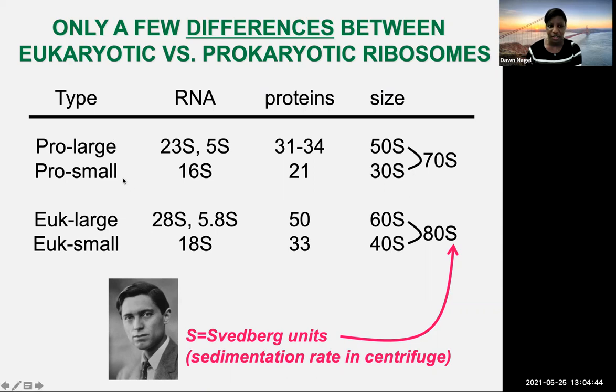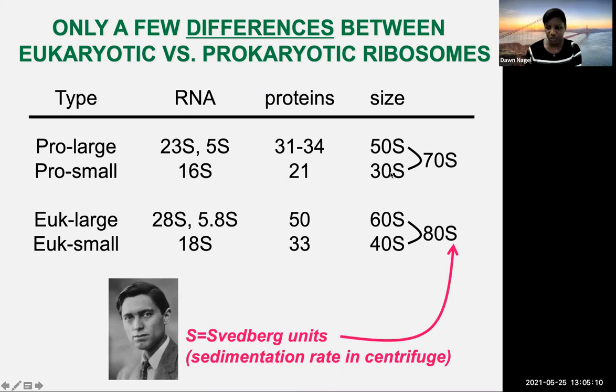In the case of prokaryotes, you have the 2 subunits, large and small. Each of these subunits has its own type of RNA, and they also have different compositions of proteins. The sizes are going to be different.